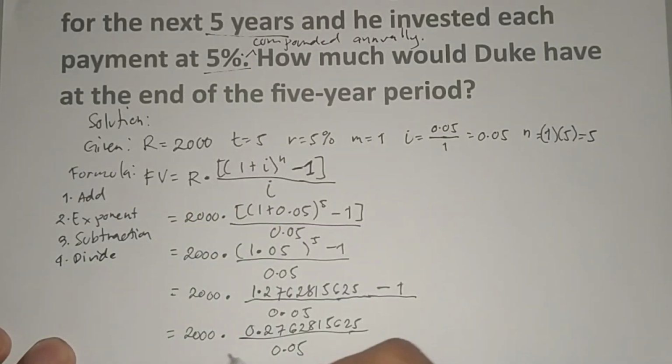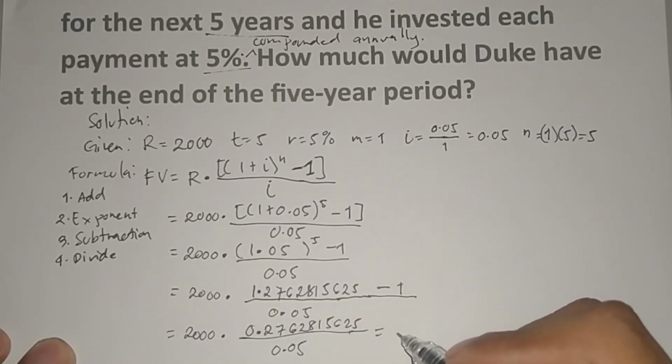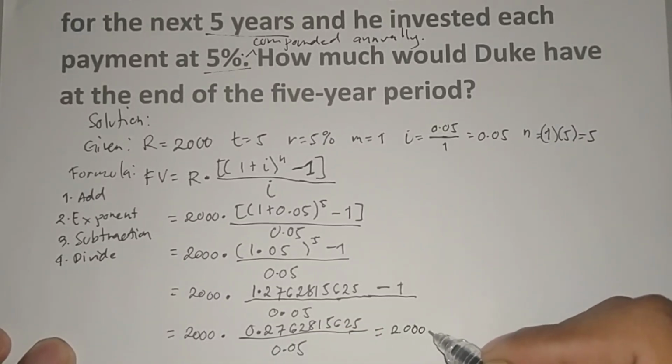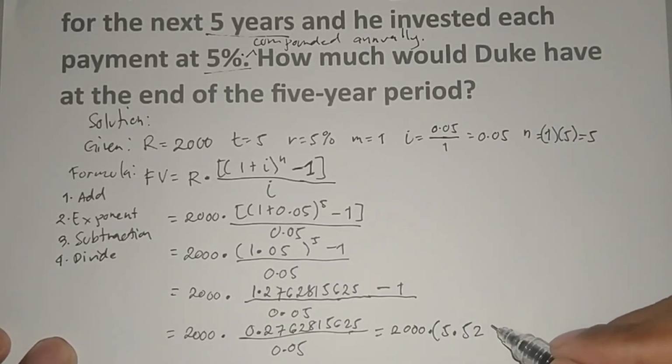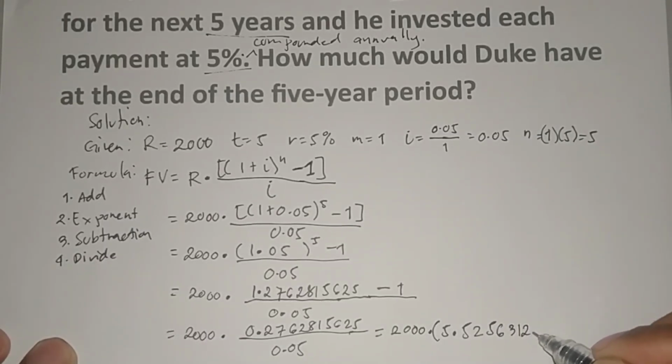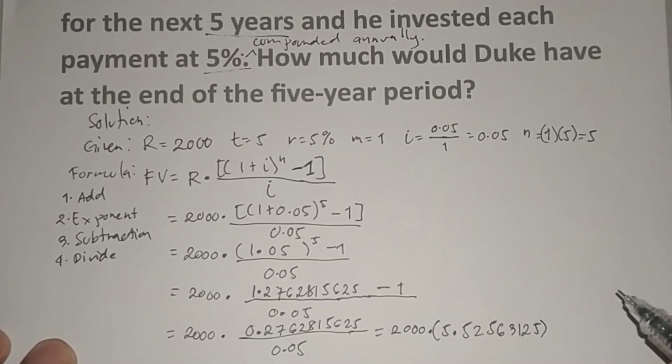So we will divide these two. So just copy the 2000. I'll just write it here. So 0.27 divided by 0.05 will result to 5.525631. Okay, and now all we need to do is multiply these two.